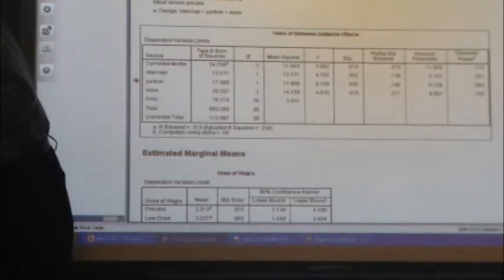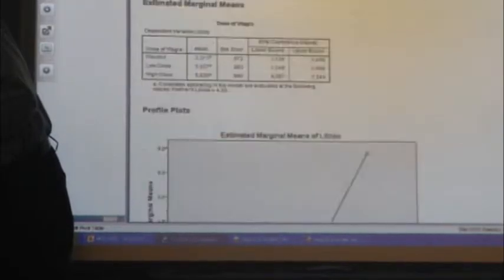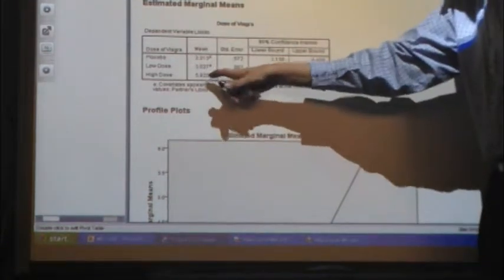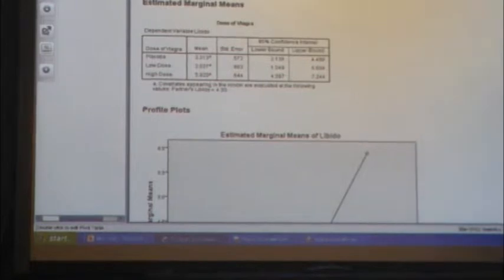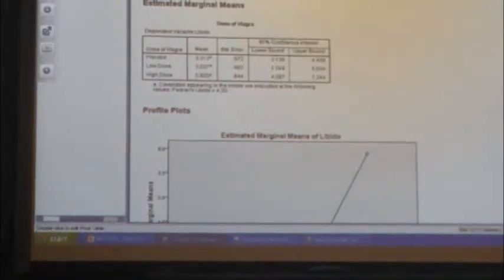Right, so 3.22, 4.89, and 4.85 versus 3.31, 3.07, and 5.920. So that one got a lot bigger.